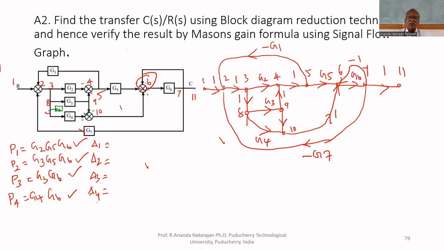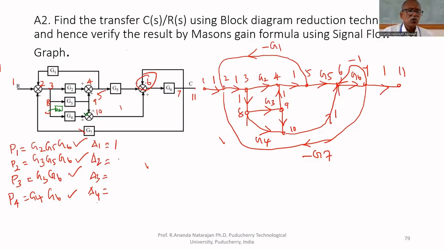The part of the graph which is not touching the forward path is 8, 9, 10. These 3 nodes are not touching the forward path, but there is no loop. 8, 9, 10 is not a loop. Why is it not a loop? Direction is not unidirectional. This is one-way traffic. That's why it is not a loop. Therefore, delta 1 is 1.